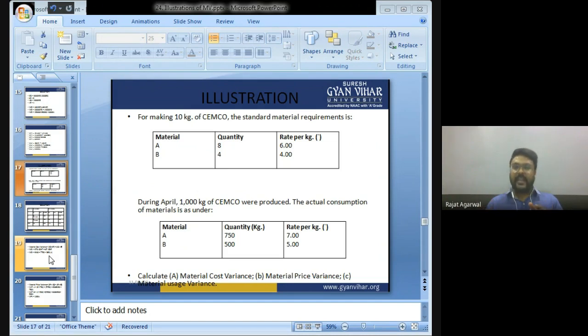In actual, we produced 1000 kg of Chemco, and material A consumed is 750 kg and material B consumed is 500 kg. The actual rate of material A is 7 and of material B is 5. You have to calculate material cost variance, material price variance, material usage variance.